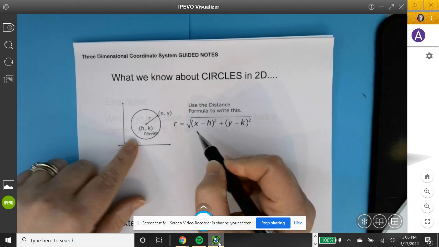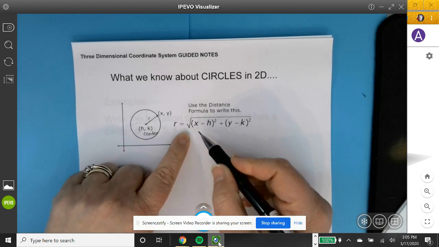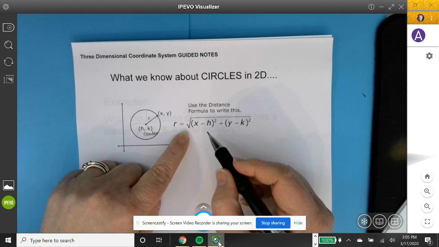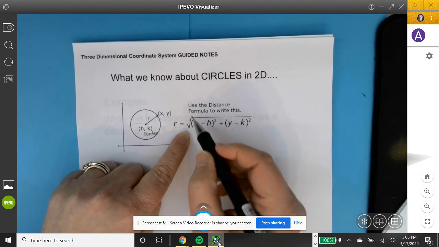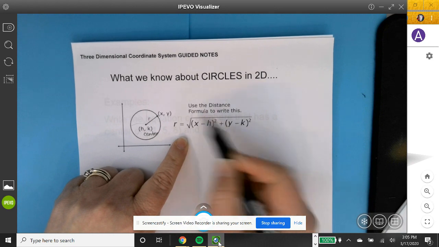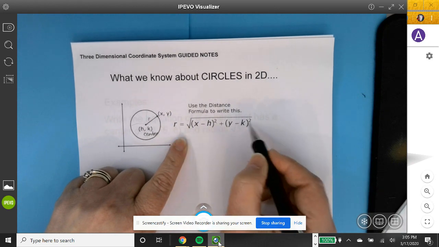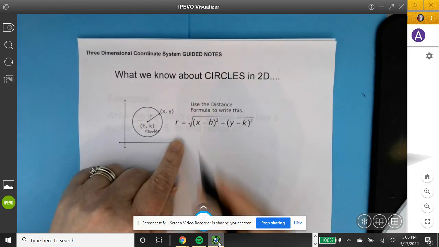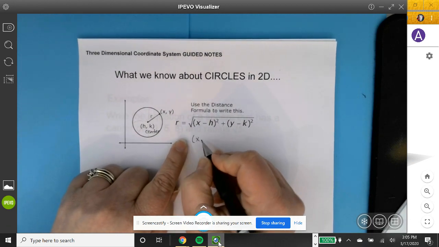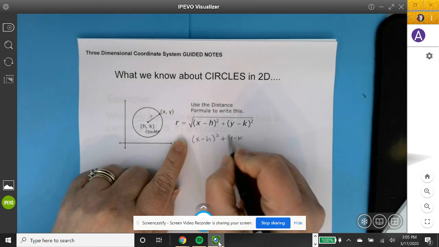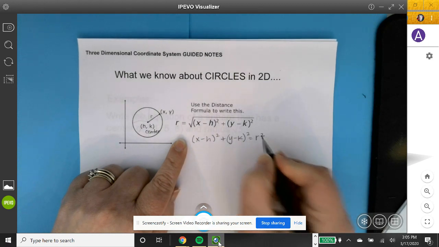Well, that equals, using the distance formula, which we just referred to as simple old Pythagoras, the square root of the difference in the x's, which would be (x minus h) quantity squared plus (y minus k) quantity squared. And then we can square this to get it in our standard graphing form, which would be (x minus h) quantity squared plus (y minus k) quantity squared equals r squared, right?